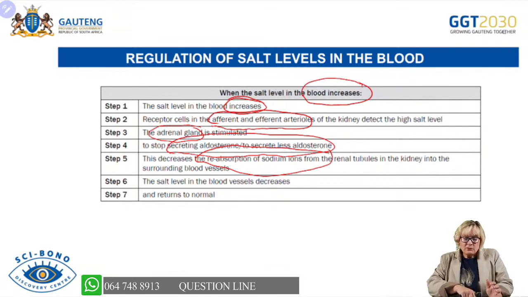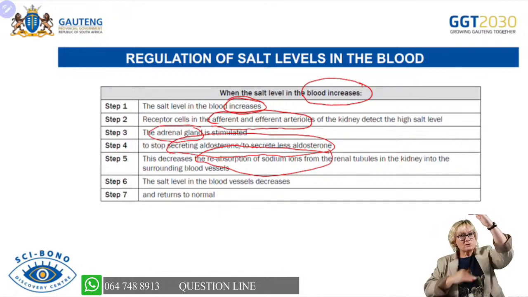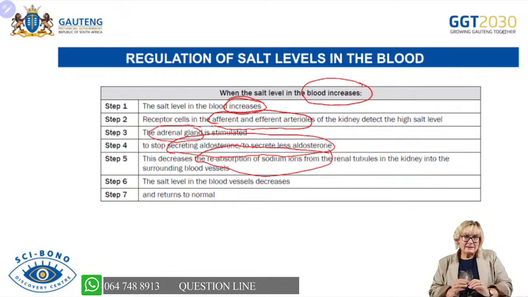Okay, so if we have a recap, please remember now then, if you're looking at salt levels, you must remember who's the policeman. It's the afferent and the efferent arteriole. They will pick up that either the salt is too high or the salt is too low. Who are they going to tell? They tell the adrenal gland. Where's the adrenal gland? On top of the kidney.